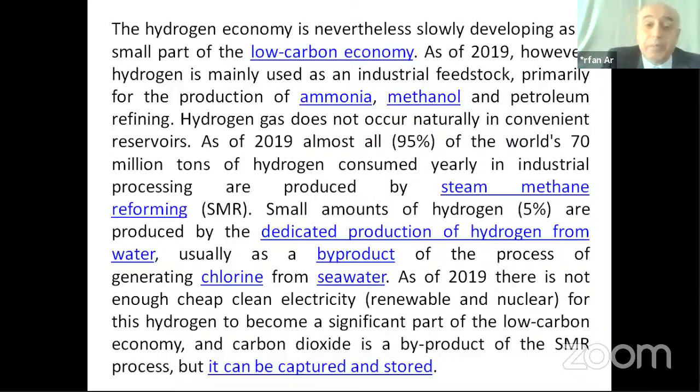This is maybe one of the main differences between the fossil fuels and hydrogen. Fossil fuel reservoirs, as you know, are located in certain locations of the earth. And the countries having these reservoirs use these resources as a political pressure factor.